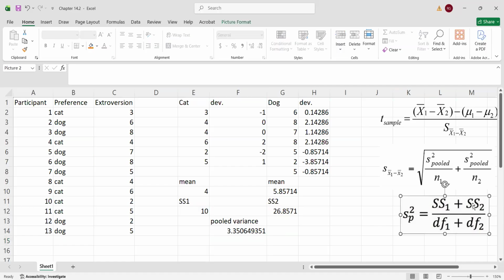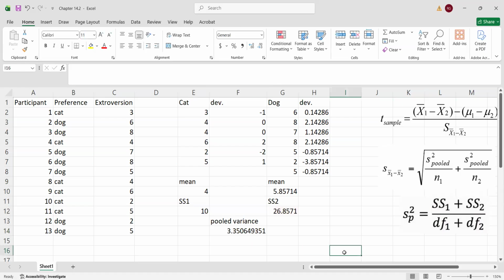Nice. This is the pooled variance between the two different groups. And now we can use the pooled variance to help us get the estimated standard error. So what we're going to have to figure out is this inside stuff and then square root it. So let's figure out what that is. You can call this part whatever you want, but what it's going to be equal to is, I'm going to throw in some more parentheses.